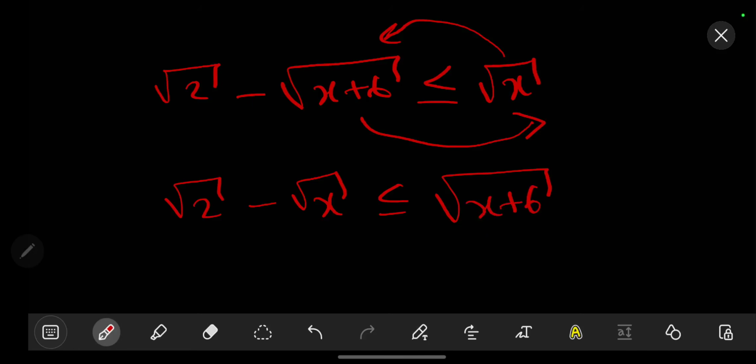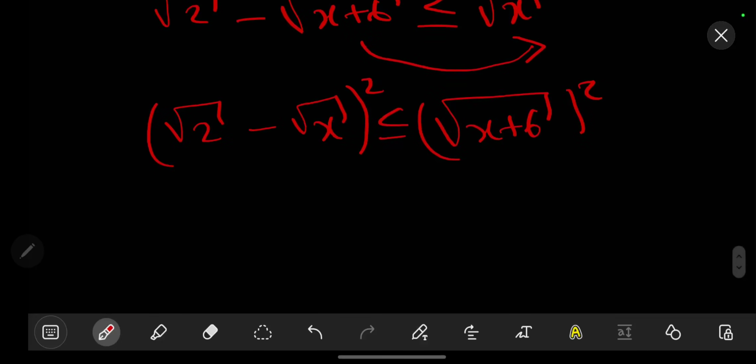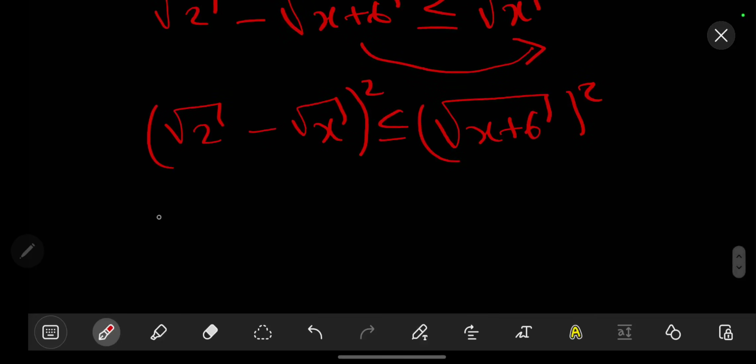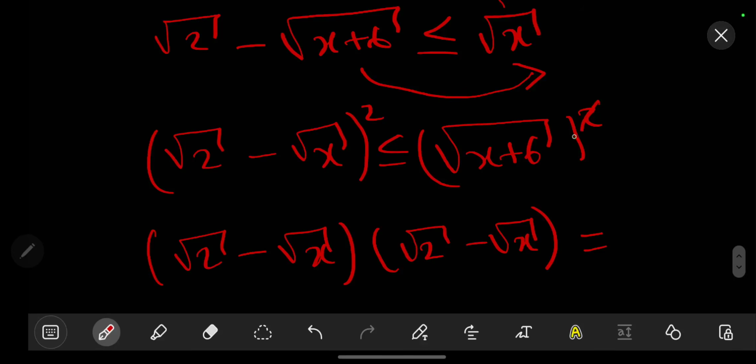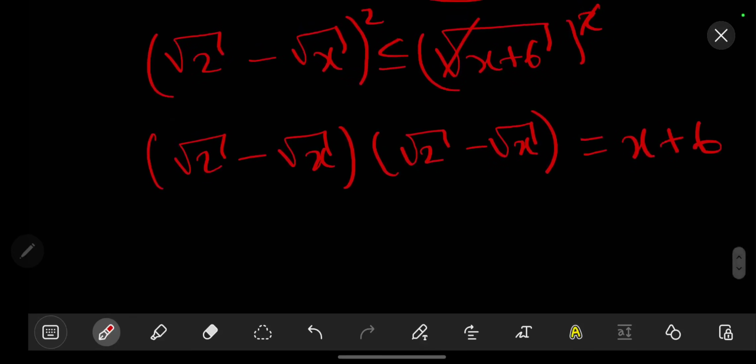Then from here we can square both sides. Squaring both sides, this is the same as having the root of 2 minus the root of x times the root of 2 minus the root of x. So this should be equal to, this and this cancel, our x plus 6, like that.